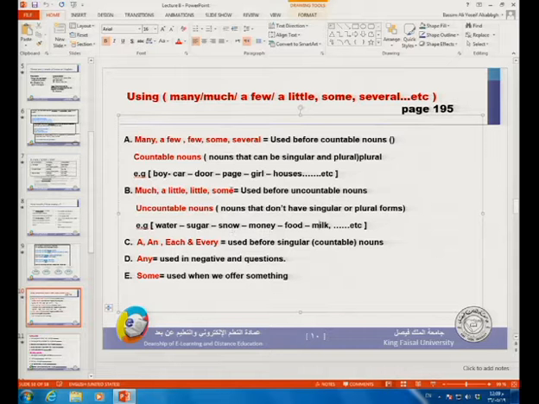If you notice, some is used in both cases, with plural countable nouns and uncountable nouns. We talked about this before: a and an, each and every are used before singular countable nouns. Any is used in negative sentences and questions. Some is used when we offer something or when we request.